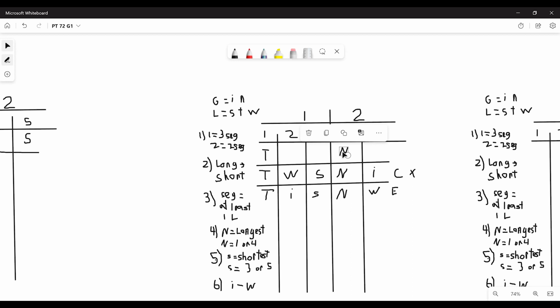And that would imply that N is coming after something. C, the weather report is the second report in the first segment. No, because we know I has to come before W, and we know T is first. If we put W there, then I will be coming after it. So I eliminated C too.